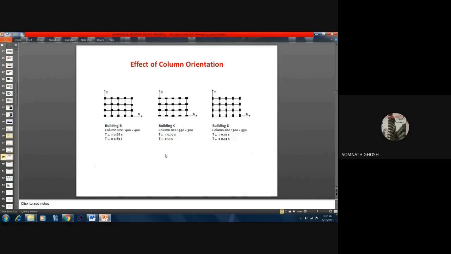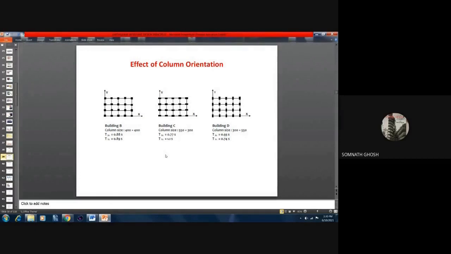That means if a building is rectangular, suppose 15 by 30, then the building is weaker along 15 meters. So how do you have to orient the column?